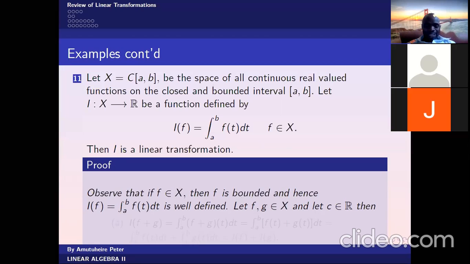One of the conditions for a function to be integrable is that it should be continuous and bounded in a given interval. Since the function f is bounded, then we are sure its integral is well defined.